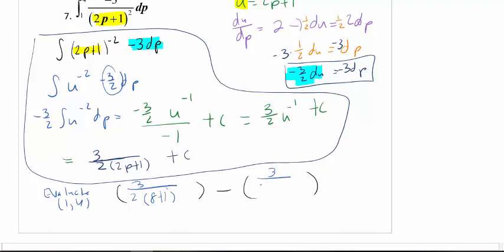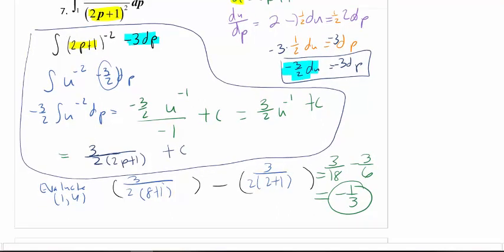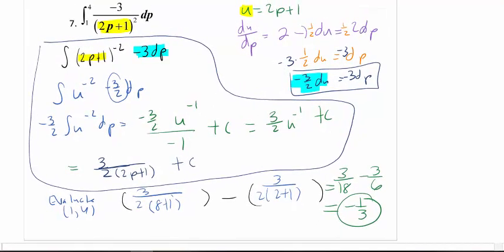My second one over here will be 2 plus 1, because that's plugging in the 1. You can simplify that piece out. You will get 3/18 minus 3/6, which again you can do by hand, but you can also let your calculator simplify that for you, and you should get a negative 1/3.